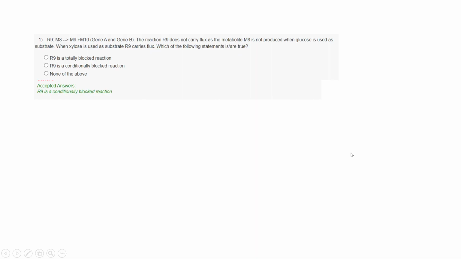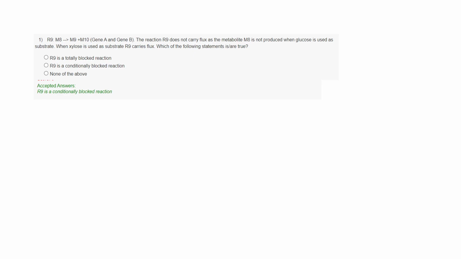Yeah, it's true. So your R9 is basically converting your M8 to M9 plus N10, and you need both gene A and B. And your R9 reaction does not carry any flux when glucose is used as a substrate, as the metabolite M8 is not produced.